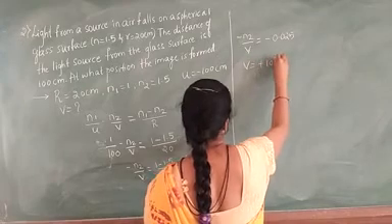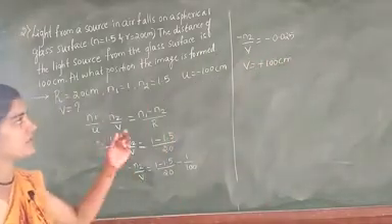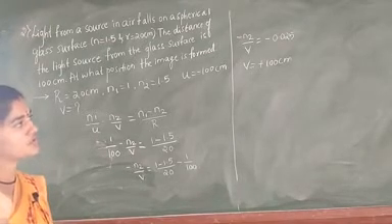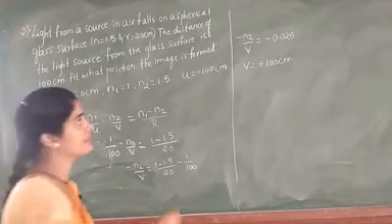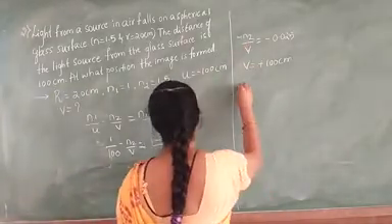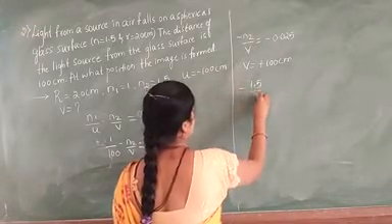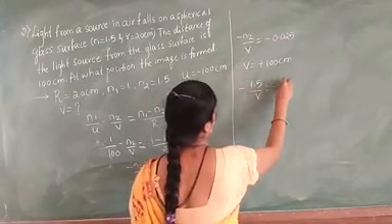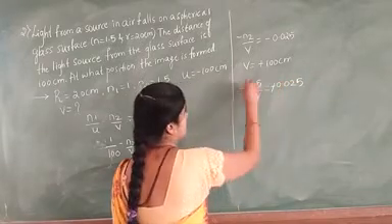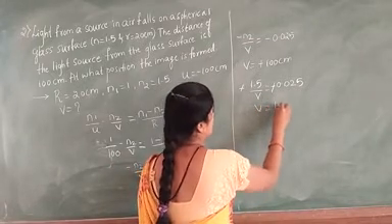Now when we calculate this part, minus n2 by v is equal to minus 0.025, or v is equal to 100 centimeter. In this case we know the value of n2, which is 1.5. So 1.5 by v is equal to minus 0.025. Now calculating with the minus sign, next we are getting v is equal to 100 centimeter.